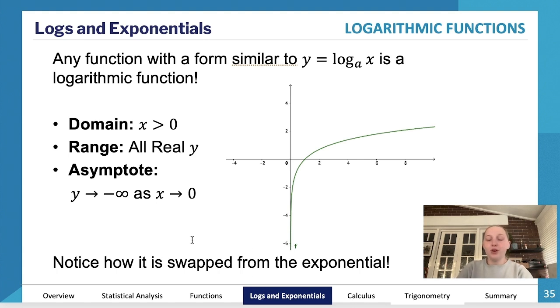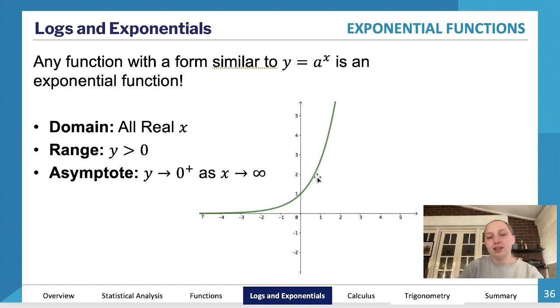And you'll notice that if you have ever looked at the graph of an exponential, which sits like here, it is just the opposite graph, because like we were saying before, our logs are the opposite of our exponentials. So in general, this is what our log functions look like and what their domain, range, and asymptotes are.